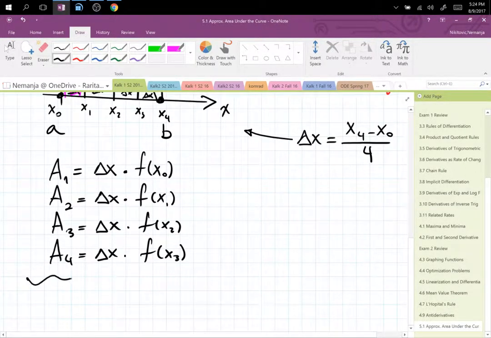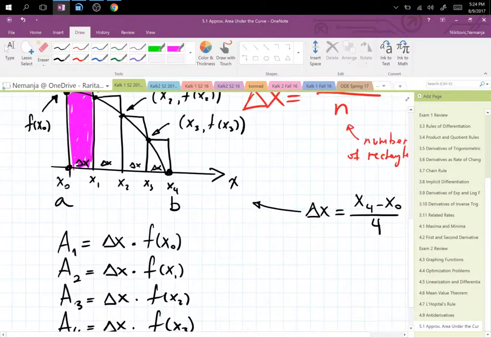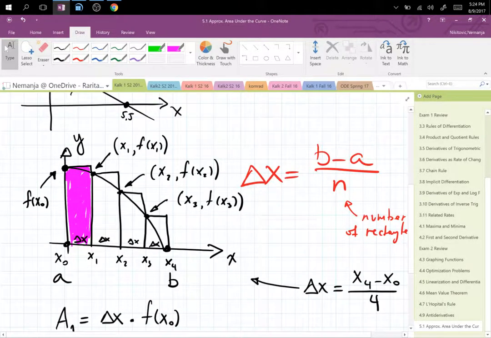Now we add all of these, and we say that the actual area is approximated by the summation of all of these other areas. Clearly, the answer is not going to be exact because, look at this, guys. The red stuff is error. We are overshooting the actual area.